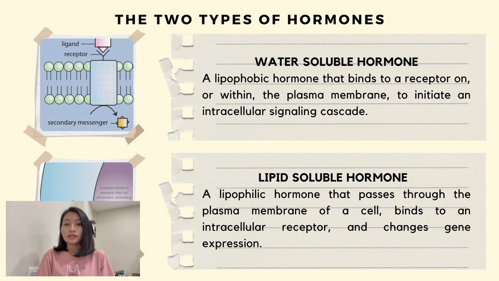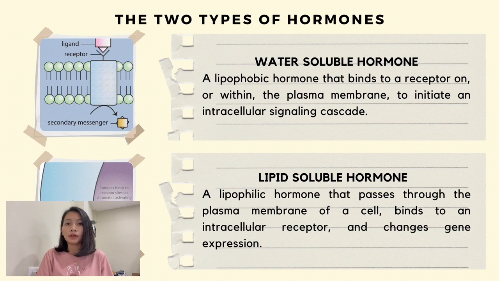The other one is the lipid-soluble hormone, which is a lipophilic hormone that passes through the plasma membrane of a cell, binds to an intracellular receptor, and changes gene expression. The majority of lipophilic hormone receptors are transcription factors that are either located in the nucleus waiting for the steroid hormone to enter and activate them.